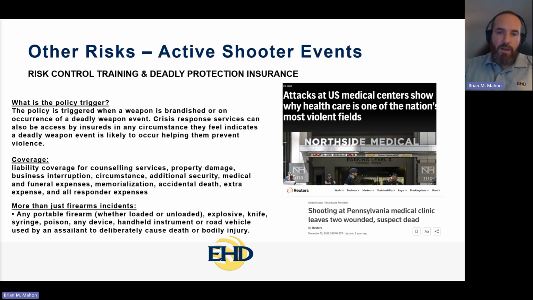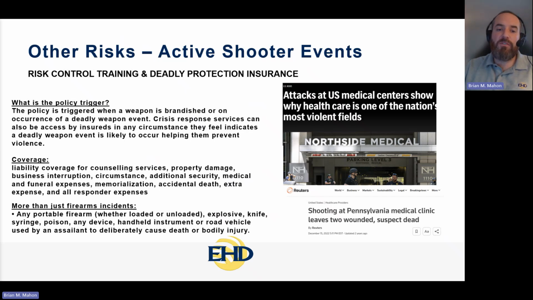Another thing that unfortunately is becoming more popular, we do active shooter preparedness training, and now there's even insurance products out there called deadly protection insurance, where the ramifications of one of these incidents can be paid for by insurance. So whether that's counseling services for victims, property damage of bullets going through windows or whatever.